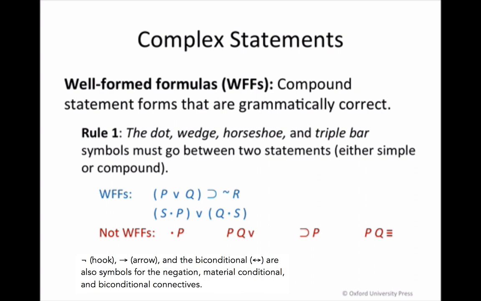You're going to notice that we need to use parentheses and brackets or braces to combine compound sentences into a unit. Now the second example, either it's S and P or it's Q and S.